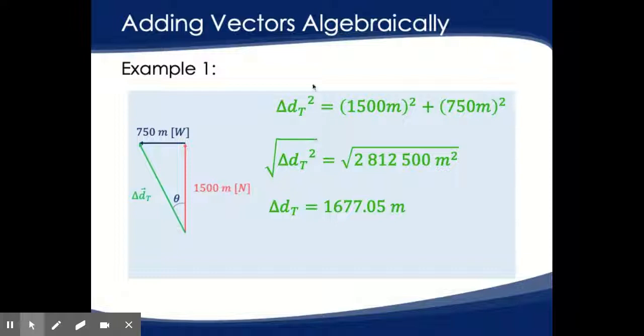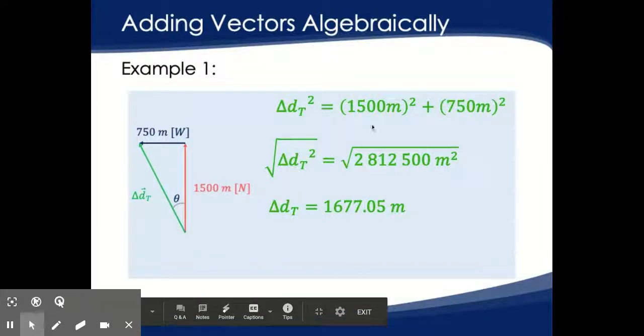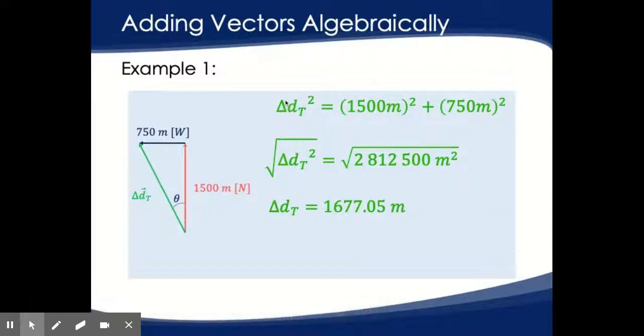So for this, we know that the Pythagorean theorem is a squared plus b squared equals c squared. And that's basically what we have here. So delta D is talking about displacement. The T subscript here is talking about your total displacement. That's what the T is for. So we're talking about the resultant vector.